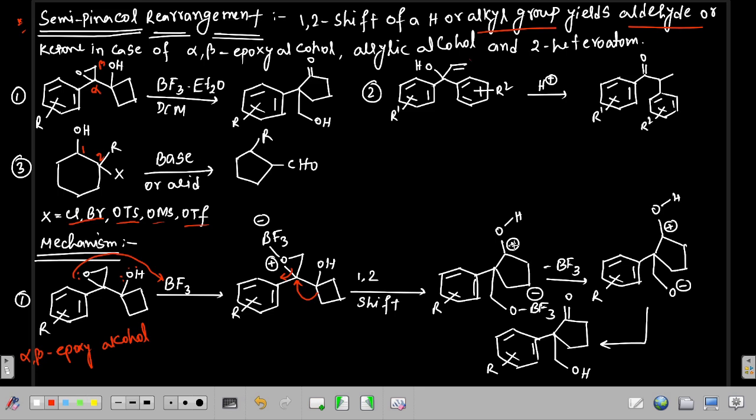And next step, there will be removal of this proton and removal of this BF3. So it leads to the formation of O minus and this carbocation. This O minus will abstract this proton, and it leads to the formation of a ketone here and an alcohol here.